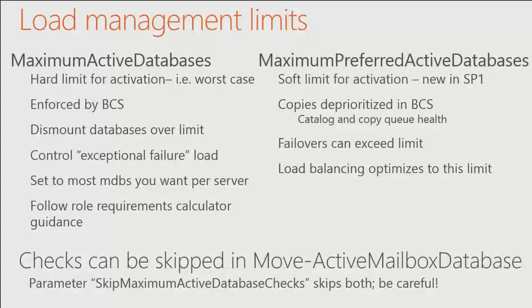Let me try some other copies, see whether some copies with an unhealthy catalog or something else that would pop at the lower level in the phases of BCS can get the copy mounted on a different server rather than this server that would exceed max preferred actives. So that's what it's doing, and it's giving you a better distribution. If for some reason you want to get past these limits, there's an option on Move to do that. You can read it: skip maximum active database checks.